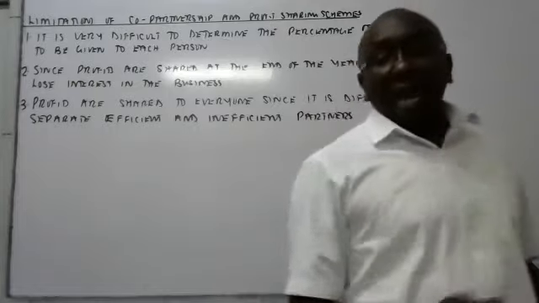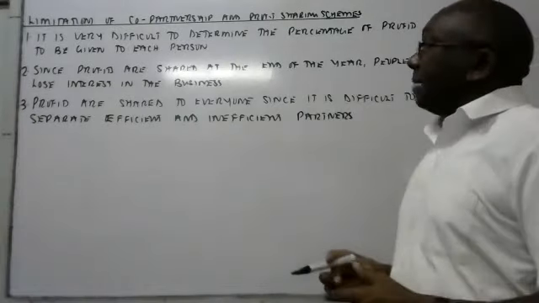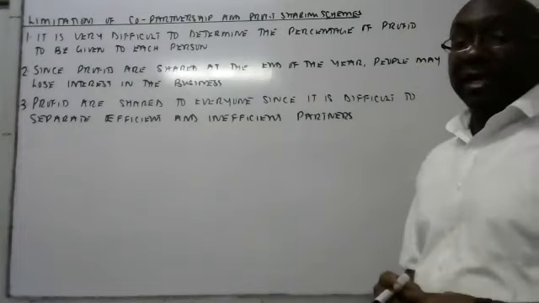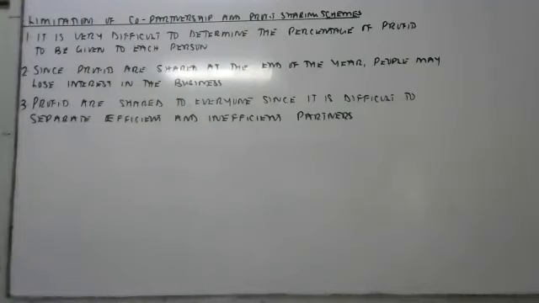Yeah, when it comes to sharing, everyone is counted, everyone is a member. But when it comes to working, not everyone is a member. So we will have people who are efficient, we will have people who are inefficient. So profits are shared to everyone since it is difficult to separate efficient and inefficient workers. And that becomes a major problem.